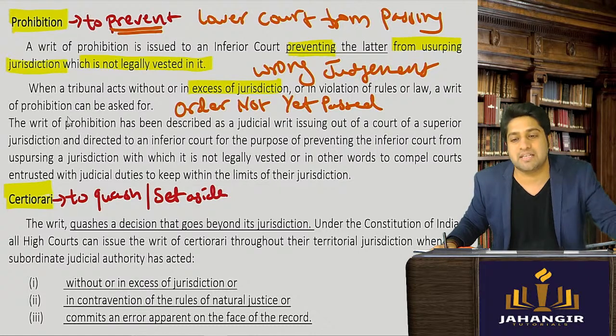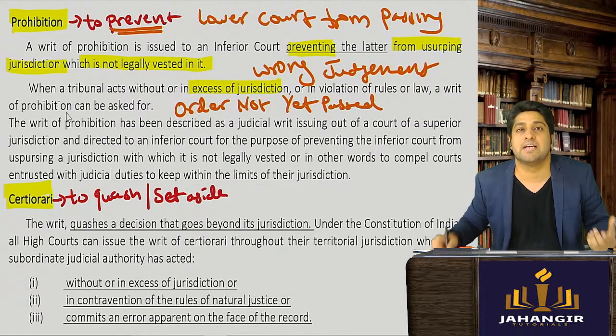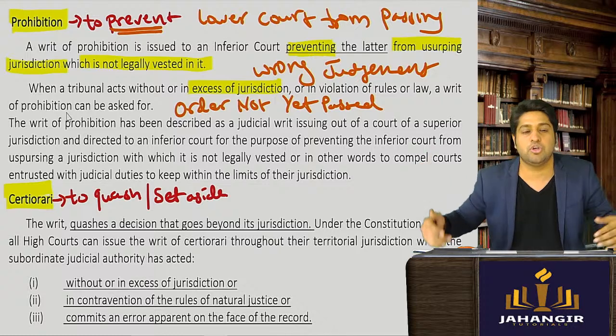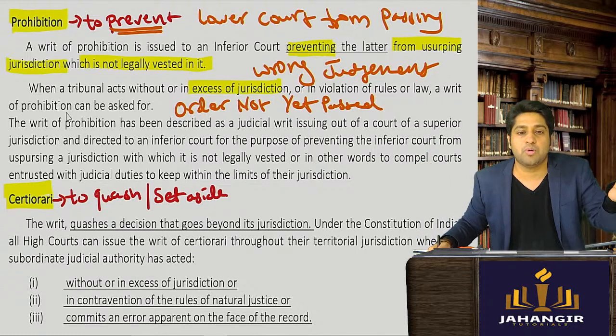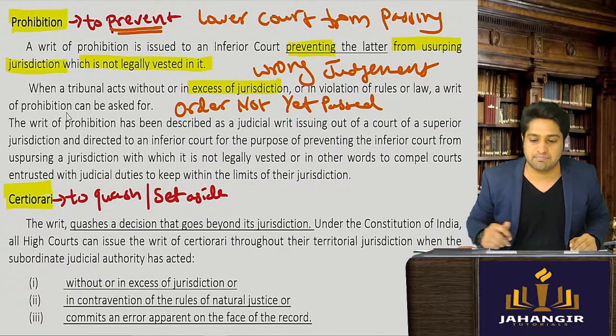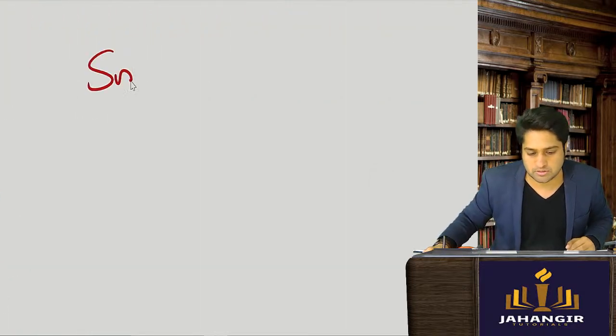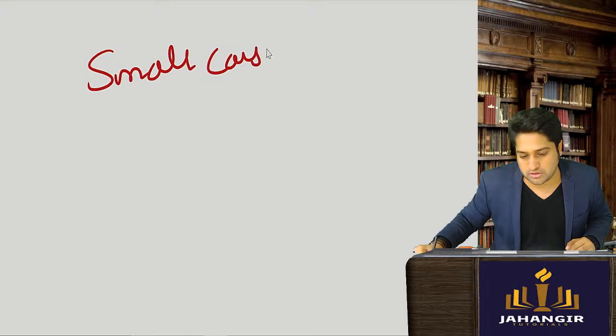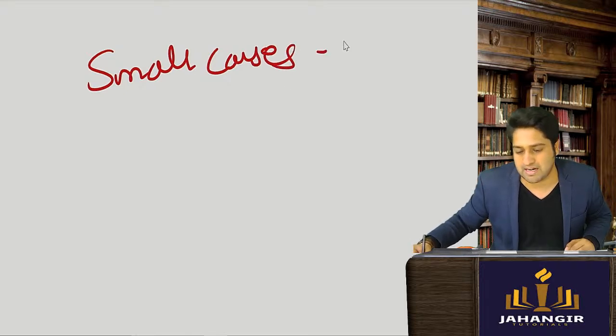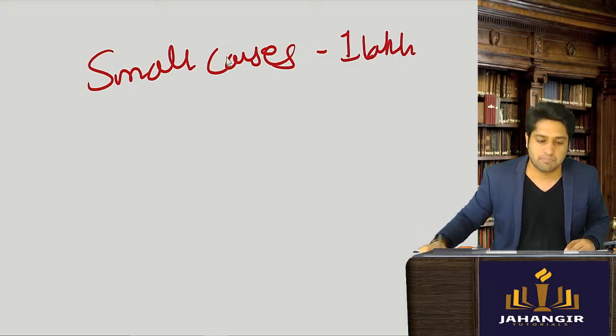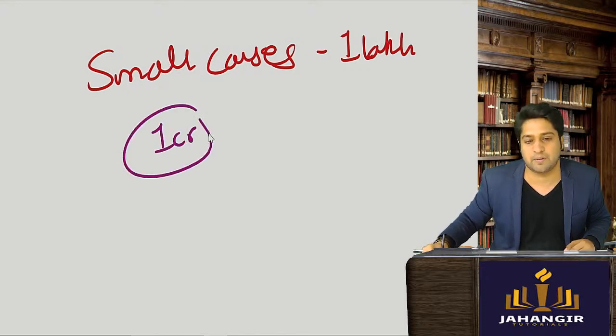From assuming. Assuming means what? Exceeding your powers which you don't have. For example, a small causes court can take up matters, let's say, up to 1 lakh. Up to 1 lakh only. But still, the small causes court is taking a matter of 1 CR.